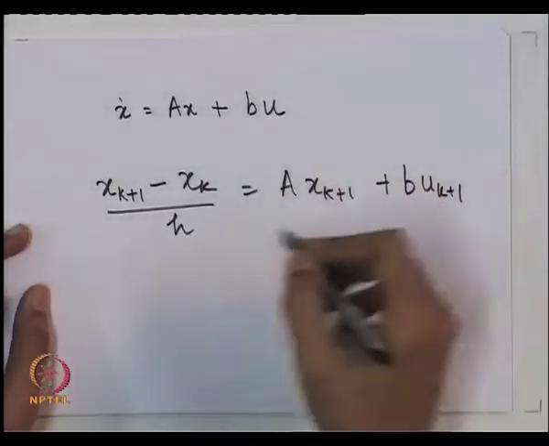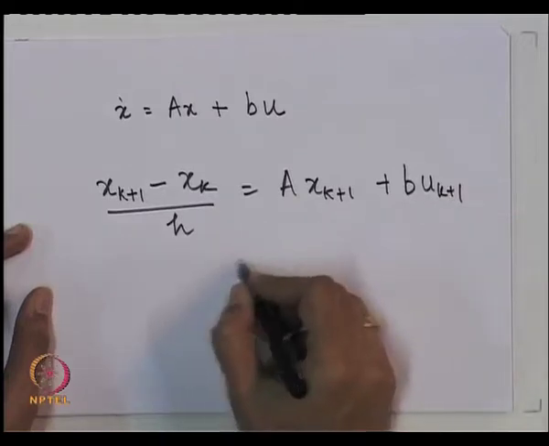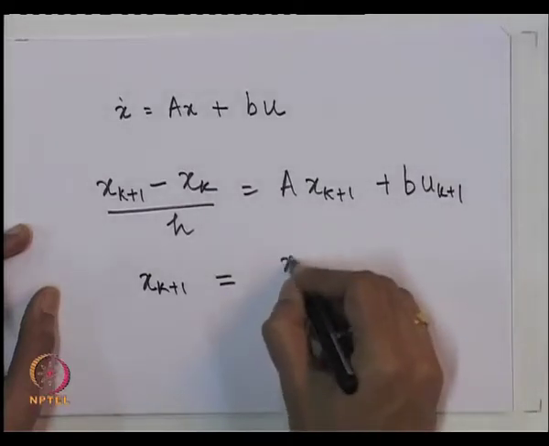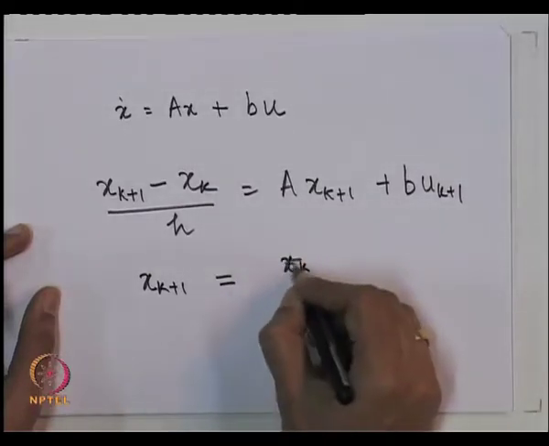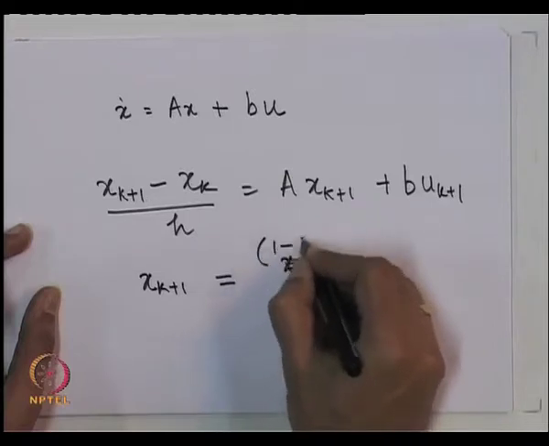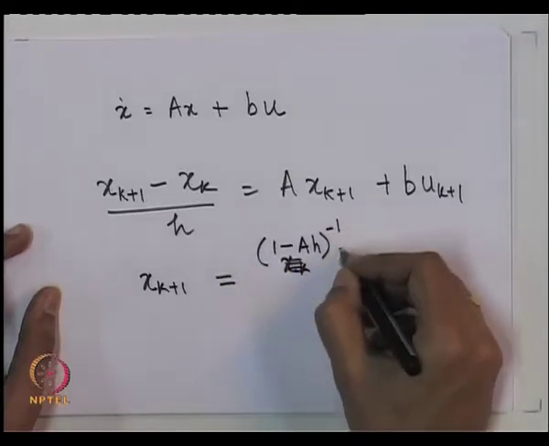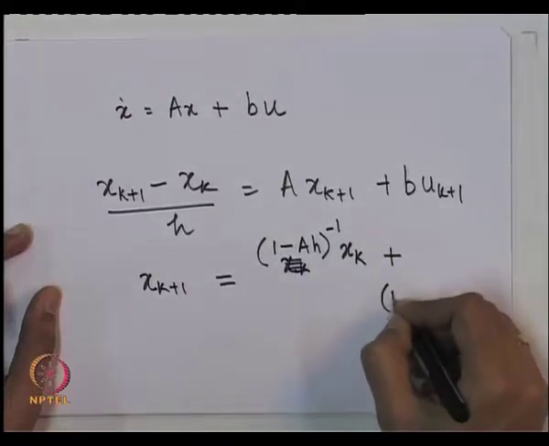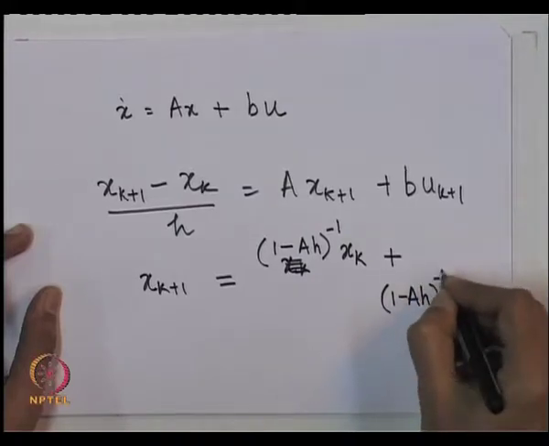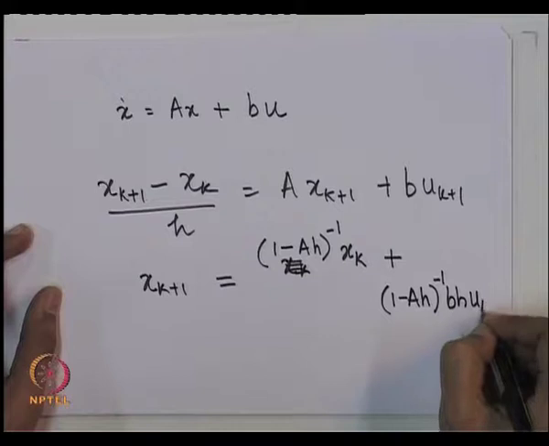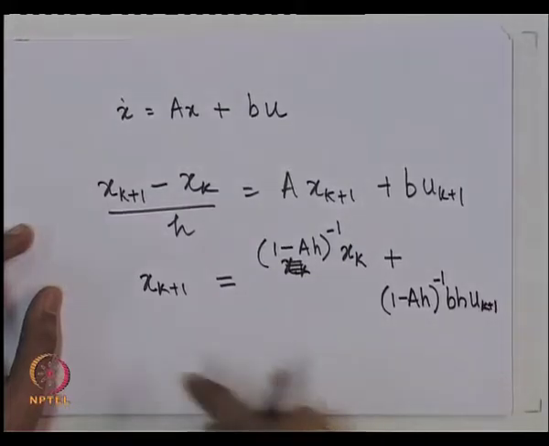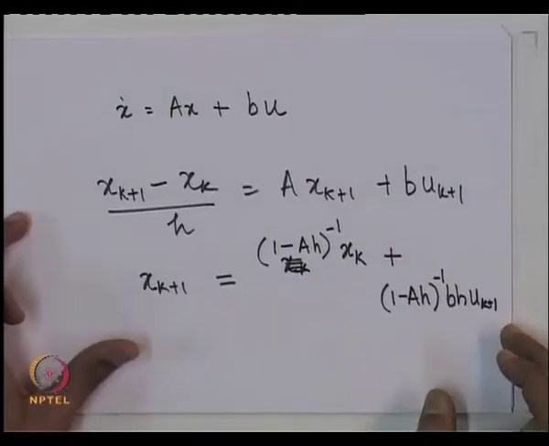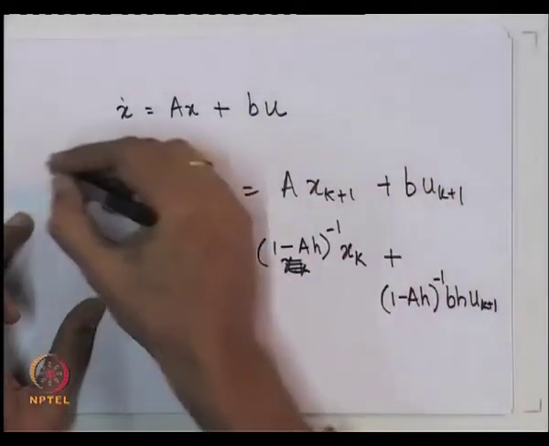So, we will have less trouble about this, but what you get eventually by just solving this, I am skipping a few steps, is x k plus 1 equals (1 minus A h) inverse x k plus (1 minus A h) inverse B h u k. So, this is basically the iteration which I will have to use in case I want to use backward Euler method. So, this is backward Euler method.